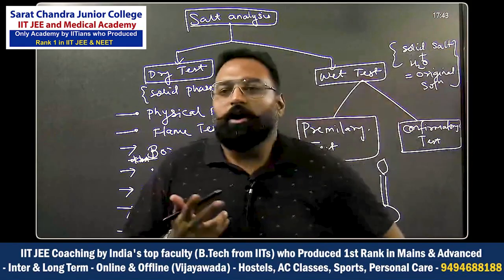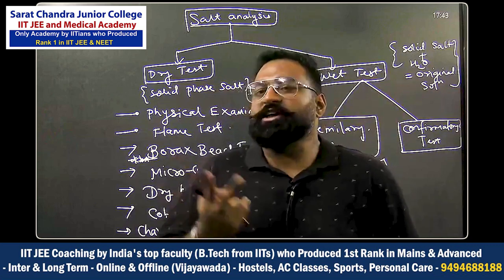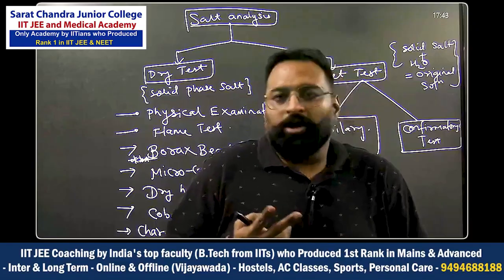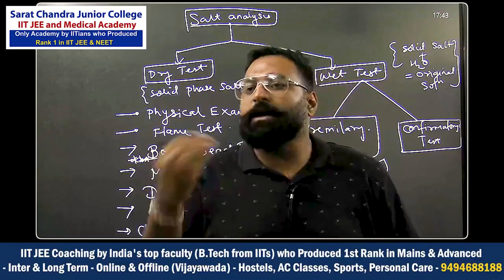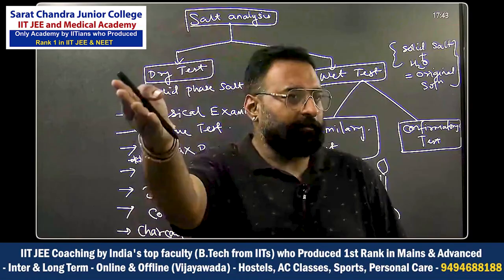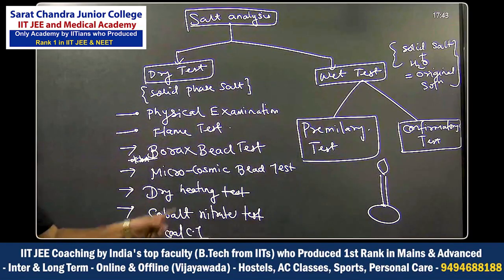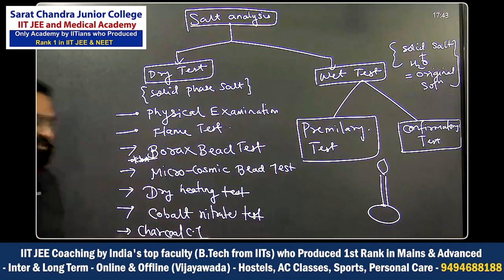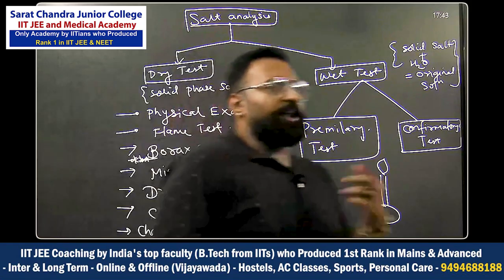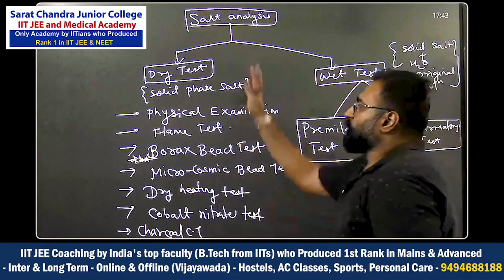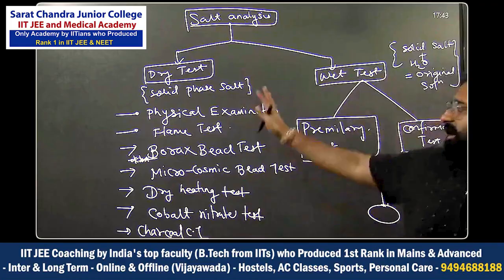Which? Coke behaves as oxidizing agent or reducing agent? Reducing agent, right? Coke will accept oxygen and it will reduce others, correct? And the same test is conducted by cobalt nitrate test, where instead of using coke, we are using cobalt nitrate. Okay, this is the explanation of dry heat test, dry test.